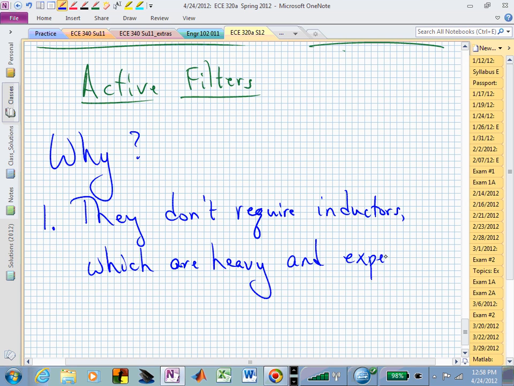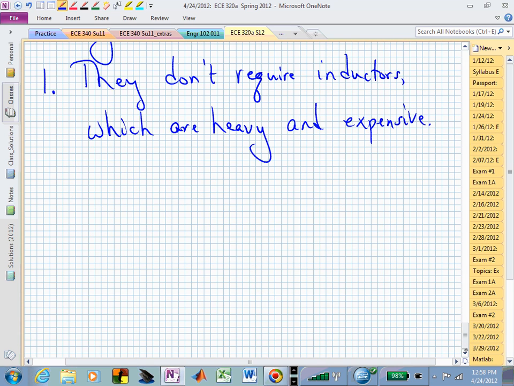Because now we have to get this core and we have to wind this magnetic wire around the core, so we have to build these inductors, and maybe that's more investment than we want. If we can just have some op amps, some capacitors and resistors and put those together, maybe that will be easier.